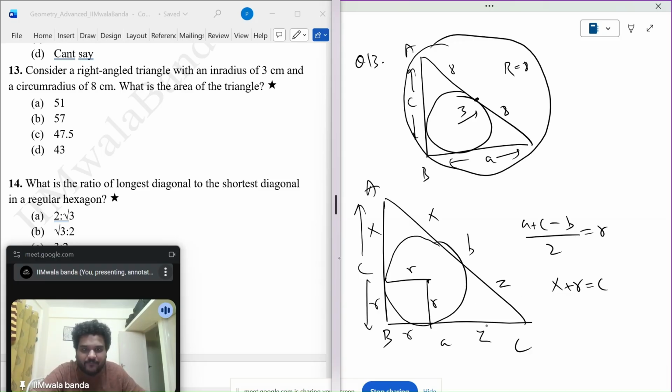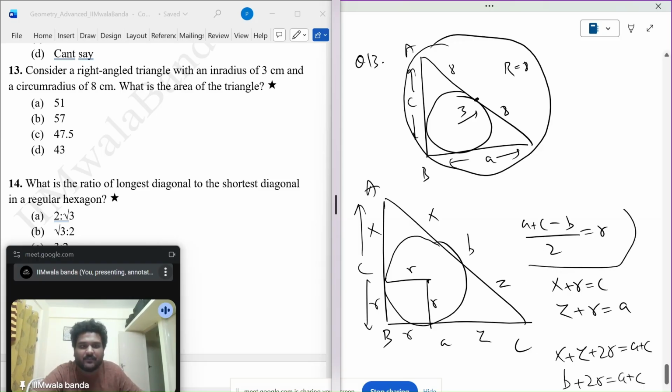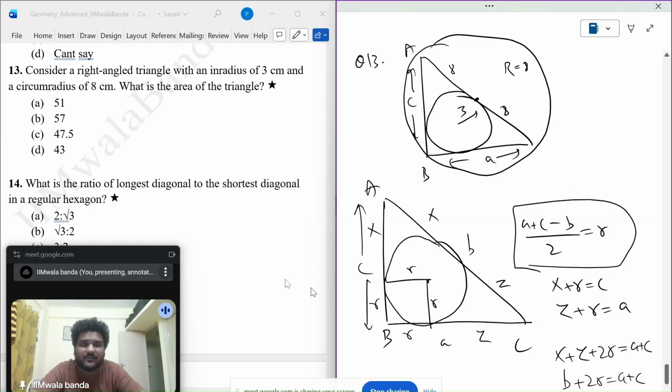Similarly, can I say this I've assumed as z plus r is a. Add the two, x plus z plus 2r is a plus c. And since this is x and this is z, this is b. So you get to the same formula. But it's good to remember because then the question becomes very easy.